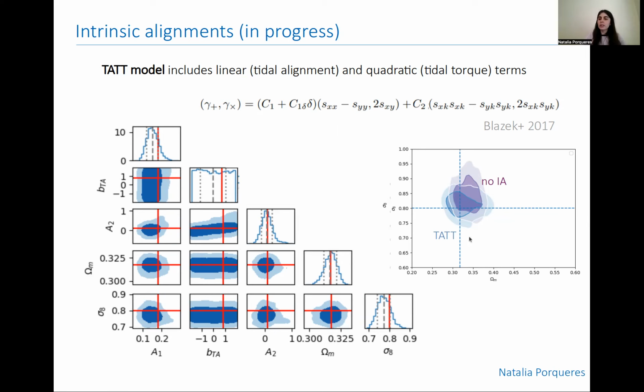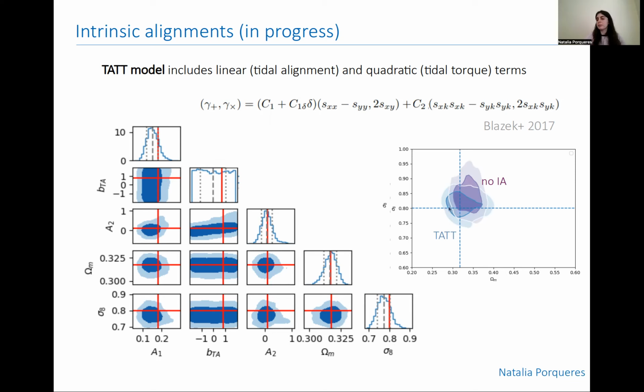For comparison, this is an update on the cosmological parameters when we introduce intrinsic alignments. These are 2 self-consistent runs, so we are not analyzing the same data here. What I'm showing is how much information we are getting from the intrinsic alignments.